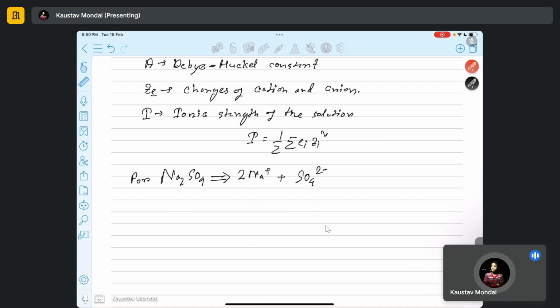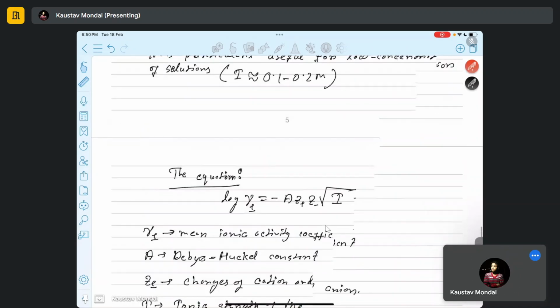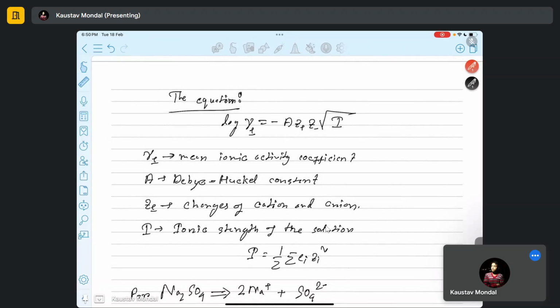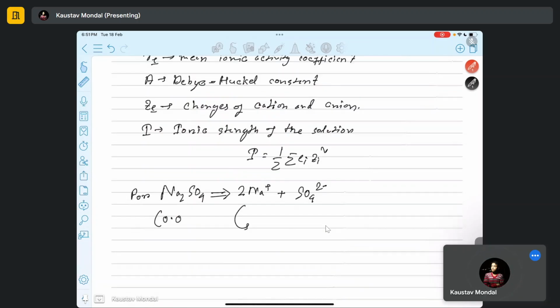And the concentration was 0.05 m. So if this is 0.05 m, the concentration of Na+ would be simply 2 into 0.05 m, which gives you 0.1 m, and for SO4 2-, it gives you 0.05 m. Okay, so this is it.